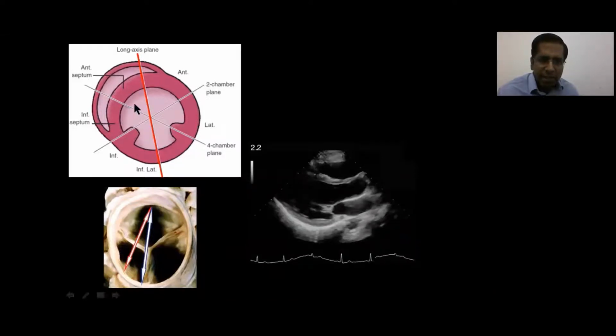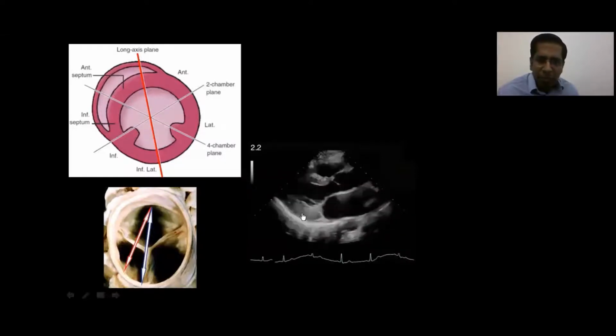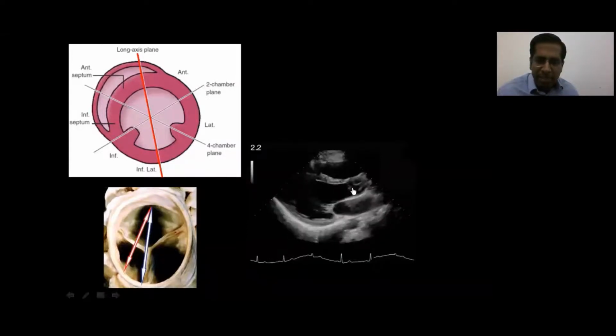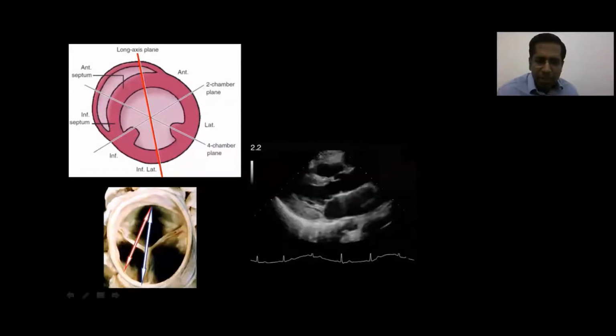Assuming that this is a nice circle, so that these two walls are also parallel to each other, what you are measuring in the middle is the maximum. And you are seeing the mitral valve nicely open. You are seeing the aortic valve also nicely open and symmetric in its closure. So that is why I have put this particular aortic valve image here.